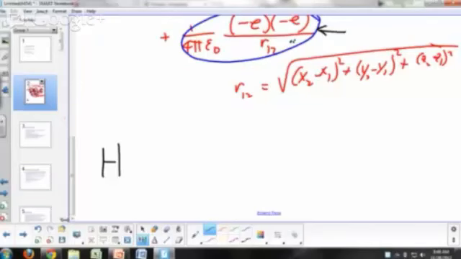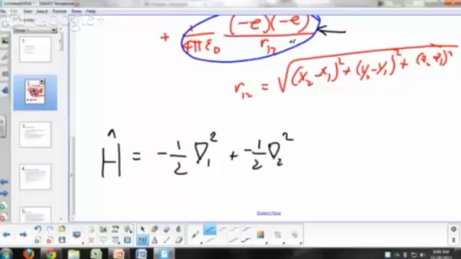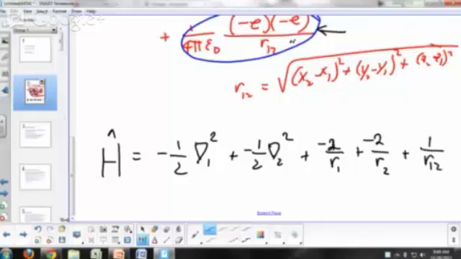So our Hamiltonian, we're going to start writing it as negative 1/2 del 1 squared, plus negative 1/2 del 2 squared, that's the kinetic energy for particle 2, plus negative 2 over r1 plus negative 2 over r2 plus 1 over r12. Okay, this would be your Hamiltonian in what we would call atomic units.